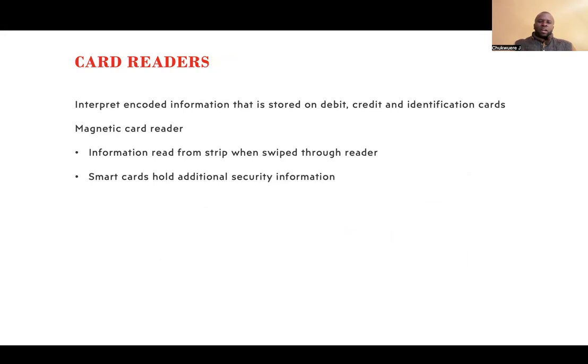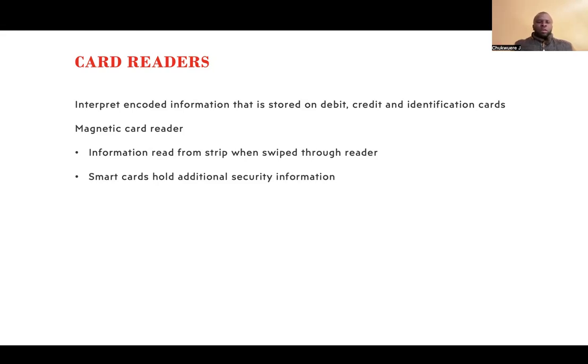So we have card readers, right, which interpret decoded information that is stored on a debit card, credit card, identification card, and all the rest of them. Those are the machines you use when you go to the shop to buy something, and you put your card, whether you type your card or swipe your card. They are all part of card readers, able to read your ID document.